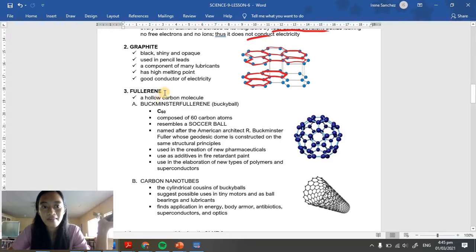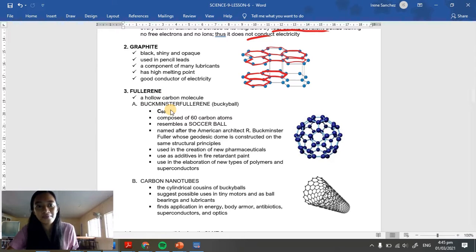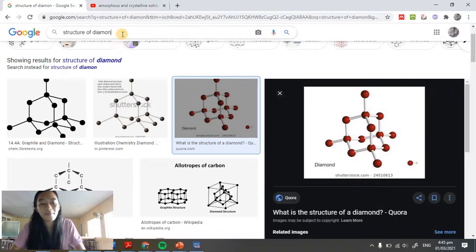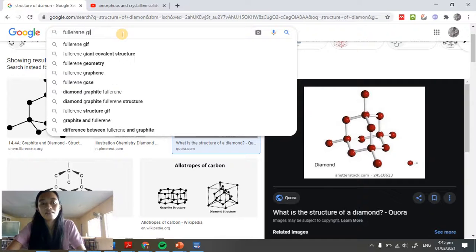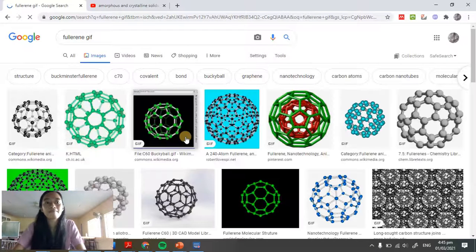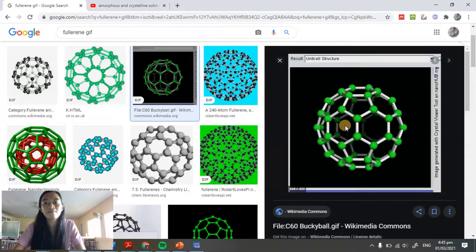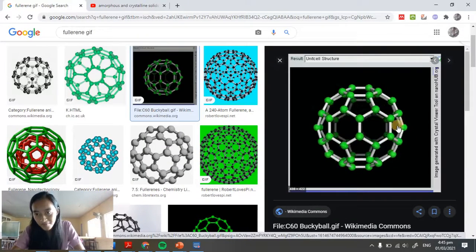Okay, fullerene. Buckminster fullerene. Fullerene means hollow carbon molecule. So inside, it is hollow. Let us look at fullerene. Okay, here.